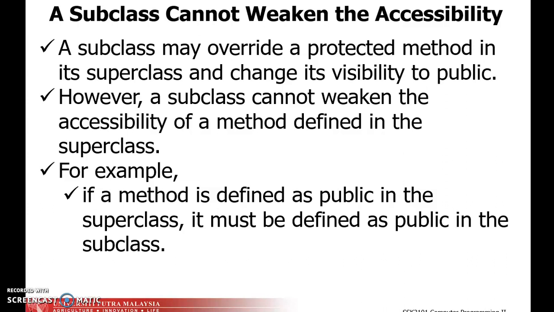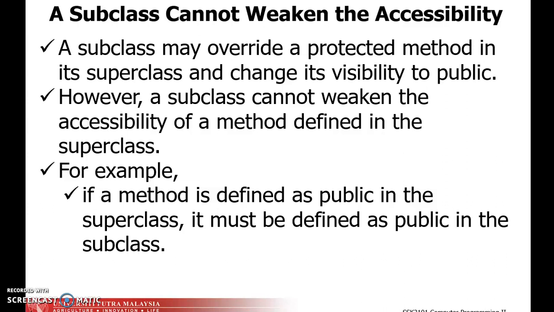However, a subclass cannot weaken the accessibility of the m method defined in the superclass. For example, if a method is defined as public in the superclass C1, it must be defined as public in the subclass C3 as well. If you still remember the concept of extending and overriding in inheritance, then I am pretty sure this topic will become easy for you.